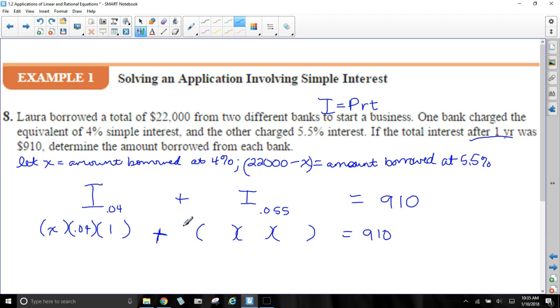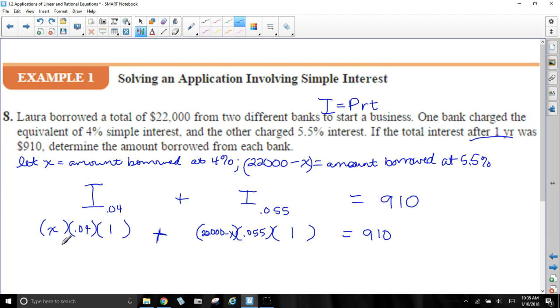Now, for our 5.5% account, the amount of money that was borrowed there is expressed by the total less the amount that was borrowed from the other bank at 4%, times the interest rate of 0.055, that's 5.5% interest rate, and then the time here is 1 year.